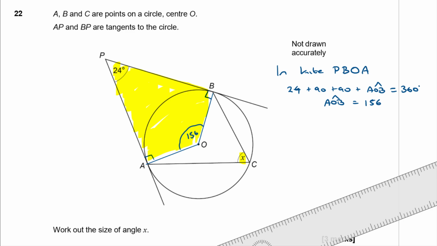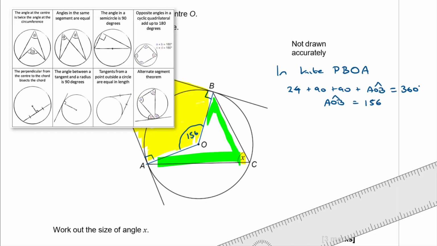156. And then I'm going to use this shape here, this arrowhead, for next trick. Now this is an angle subtended at the center and an angle subtended at the circumference, isn't it? And there's a circle theorem for that, and it says the angle at the center is twice the angle at the circumference.